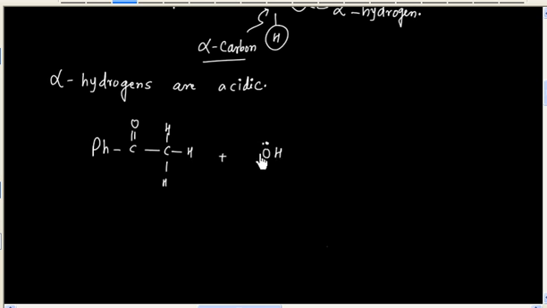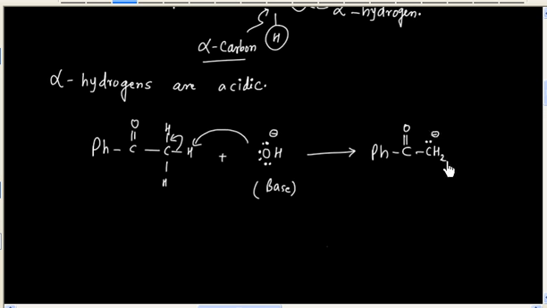OH minus acts as a base and it abstracts a proton. So we will have this carbanion formed.